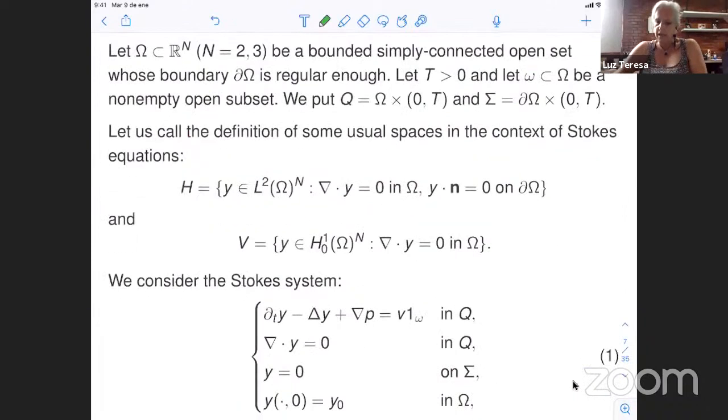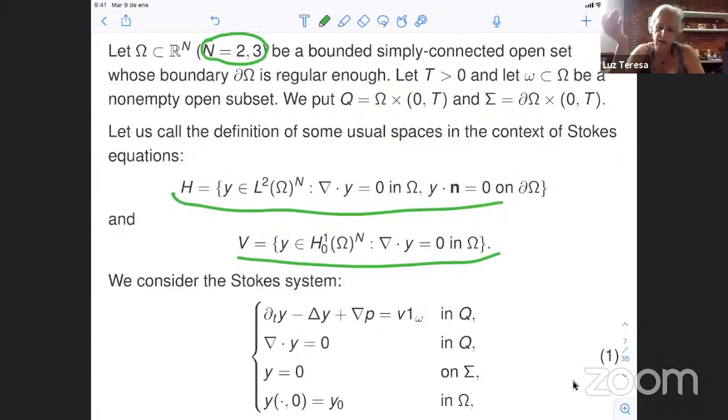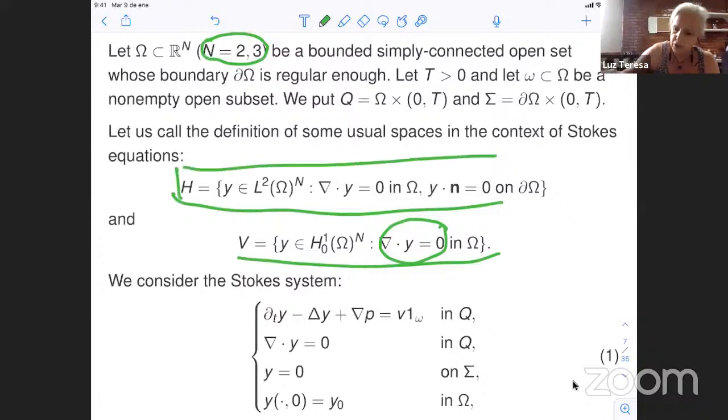Okay? In the Stokes situation, in fact we are considering the two-dimensional or three-dimensional Stokes equation. We have these spaces H and V, where we have a divergence-free condition, and then the other conditions.